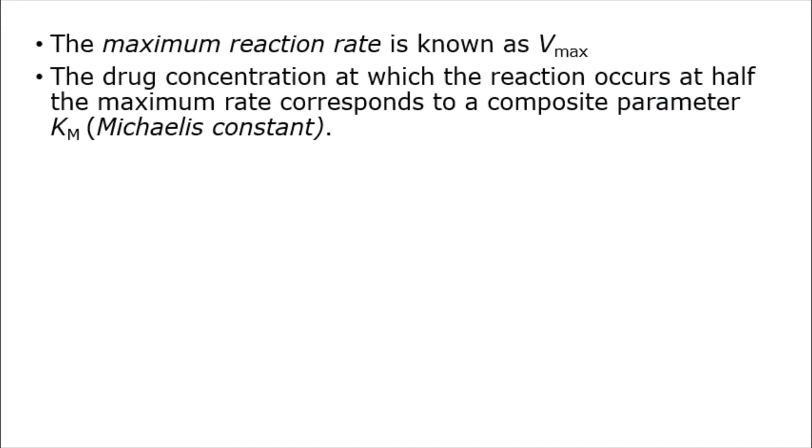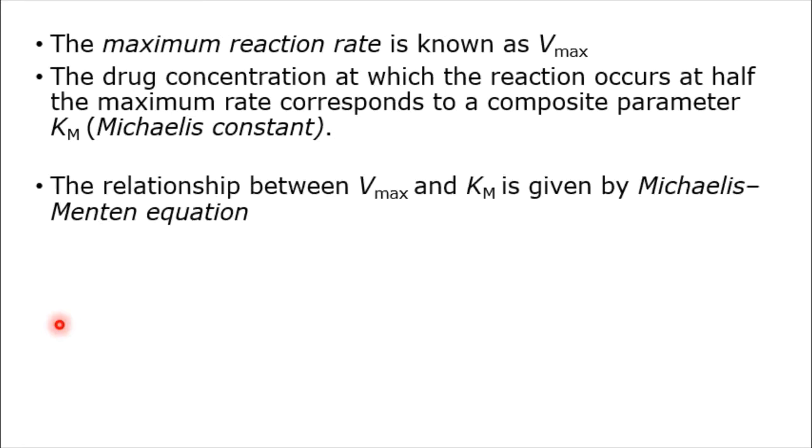As we said before, Vmax represents the maximum reaction rate, and the Michaelis-Menten constant, or composite parameter, can be defined as the drug concentration at which the reaction occurs at half the maximum rate. The relationship between Vmax and the Michaelis constant is given by the Michaelis-Menten equation for first-order kinetics.